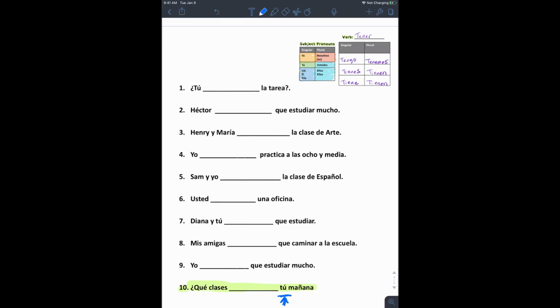Right here, tú, you. So, in this case, tú is found aquí. Our verb is aquí, tienes. Which means, ¿qué clases tienes tú mañana? What classes do you have tomorrow?